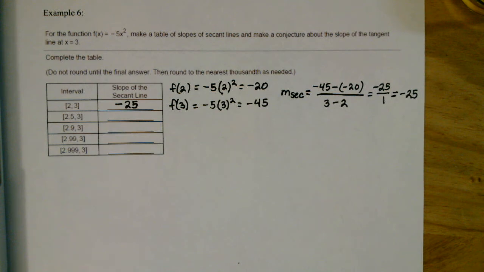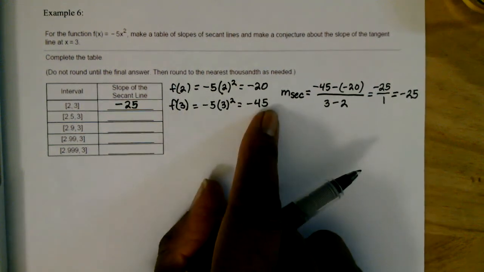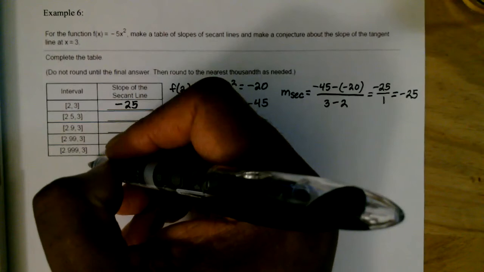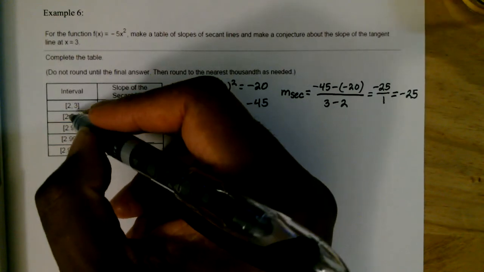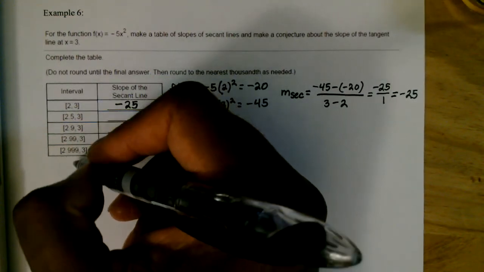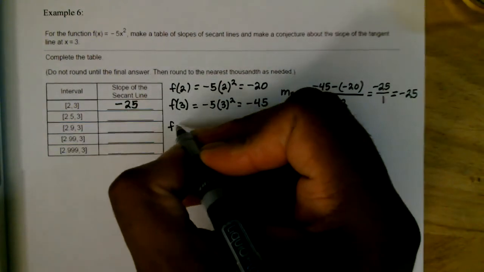And then from 2.5 to 3. Well, we already know what f of 3 is. That's going to be -45. So as you can see here, the endpoints are still at 3, but it's the first endpoint that's changing. So we need to find out what f of 2.5 is going to be.